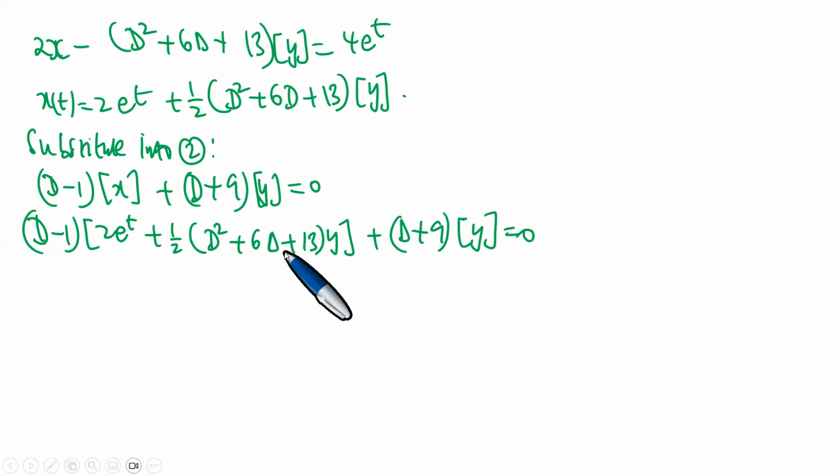This is equation 2. We substitute into it, and we get this.